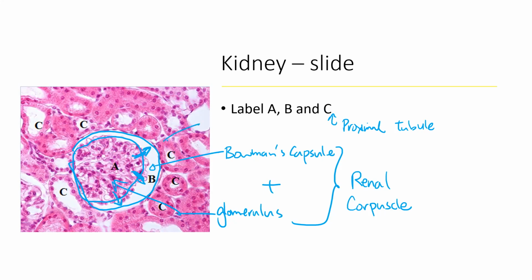Maybe this goes behind the page and then it loops back out like this, and then it's going to come out of the page and then goes back in. It's just like a bunch of tubes that are twisted in and out of the page. That's why you only see the lumen, the center. So C is the proximal tubule. And you're like, how do you know it's proximal tubule and not distal tubule? Well, because we are closer to the beginning of the nephron, closer to the glomerulus.